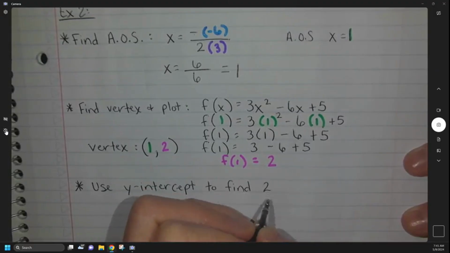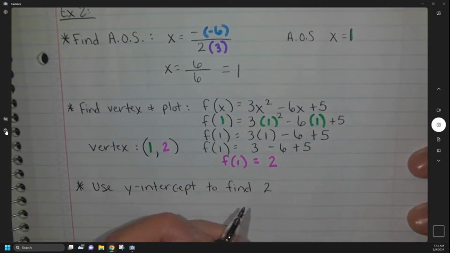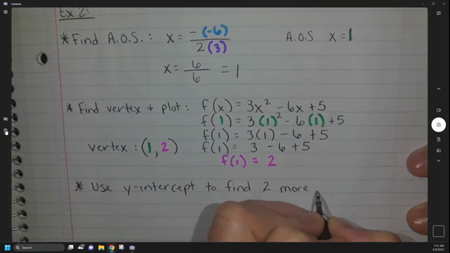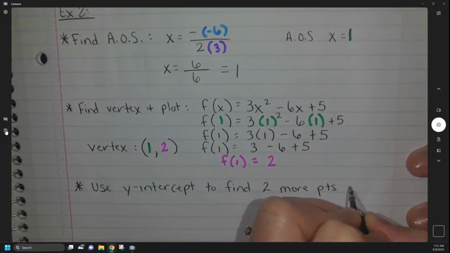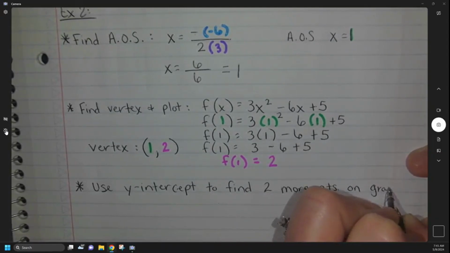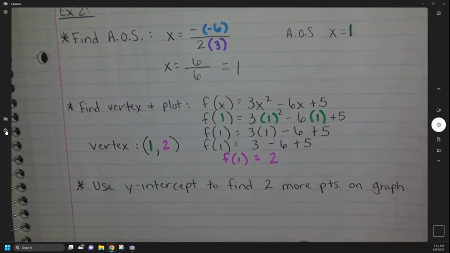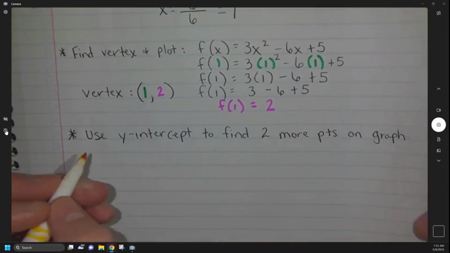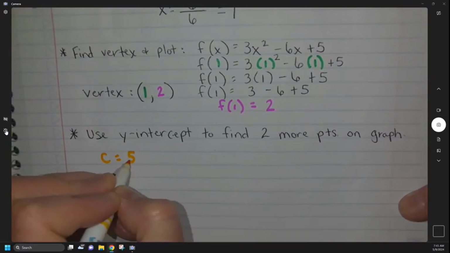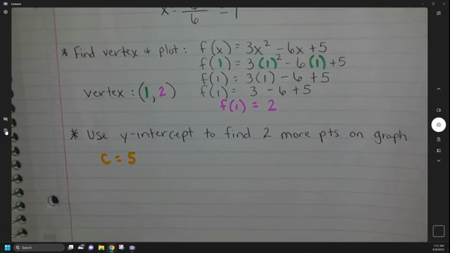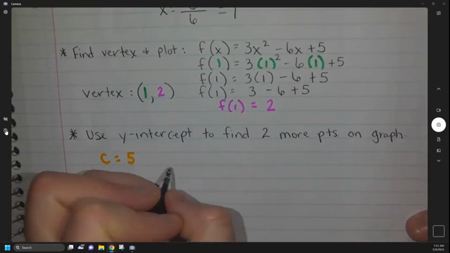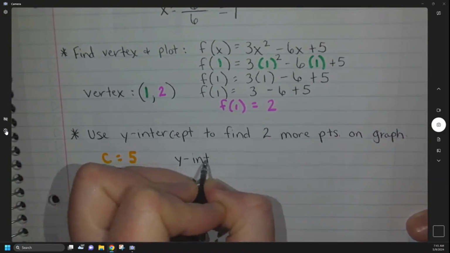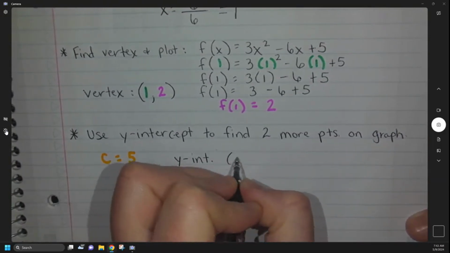In order to get our true parabola, we're going to have to have at least 3 dots. So if C is equal to 5, the y-intercept point is the point 0, 5.